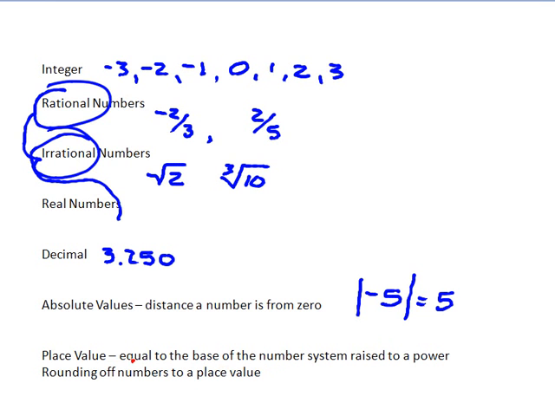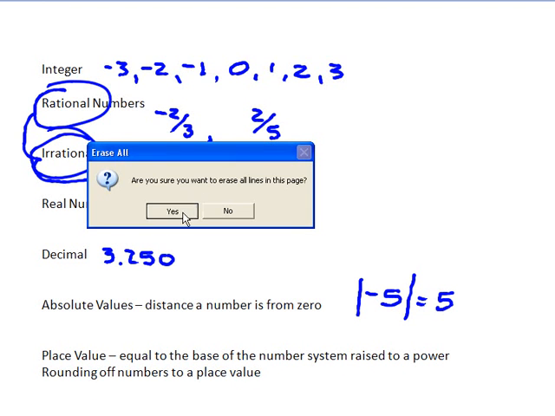Place value, equal to the base of the number system raised to a power. Well, what that means is that we'll be talking about the tens column, the thousandths columns, and so forth. We'll get into those in a little bit. Rounding off numbers to a place value. We'll get into that in a little bit, and I think it'll be clearer when we start with some of the examples. So let's get started.